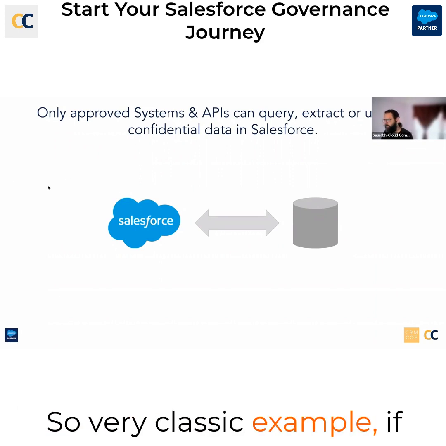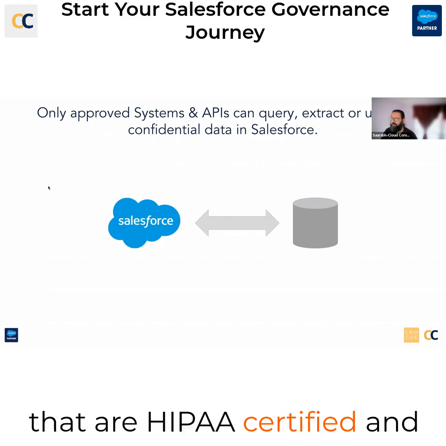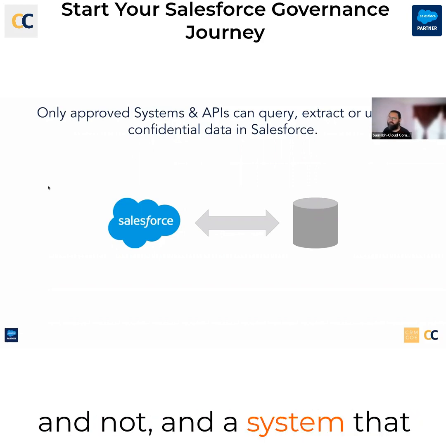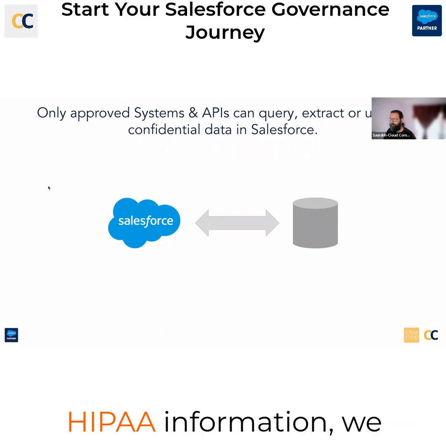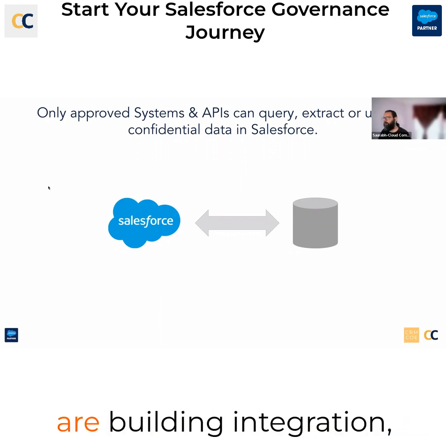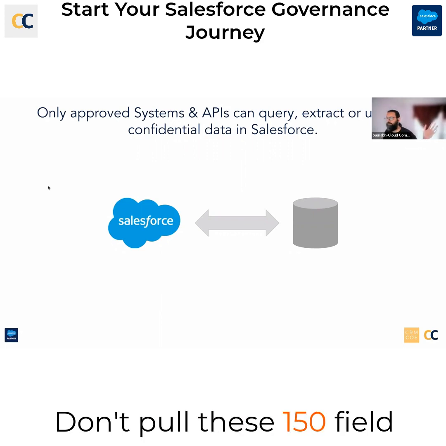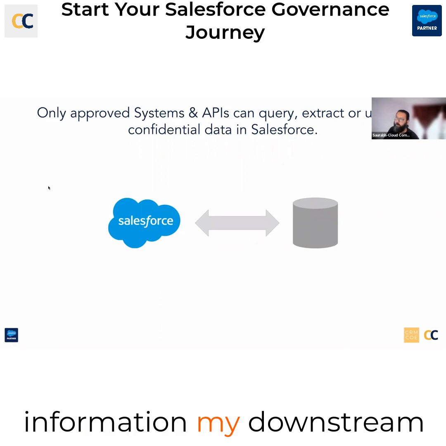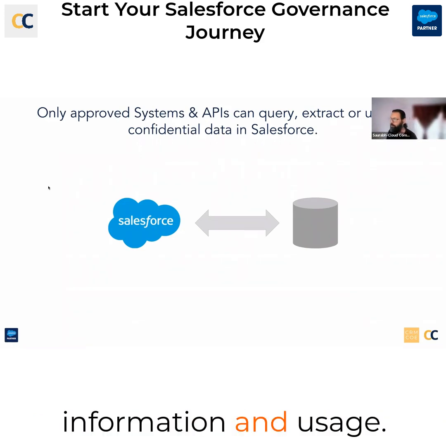A very classic example, if you're in healthcare, you may say, hey, I have systems that are HIPAA certified and systems that are not, PCI certified and not, and a system that is not, we think it's not worthy to have HIPAA information, we should not send that there. And you can tell people who are building integrations, hey, you're pulling data from Salesforce, don't pull these 150 fields from contact because they have HIPAA-sensitive information. My downstream system may not be certified for that kind of information and usage.